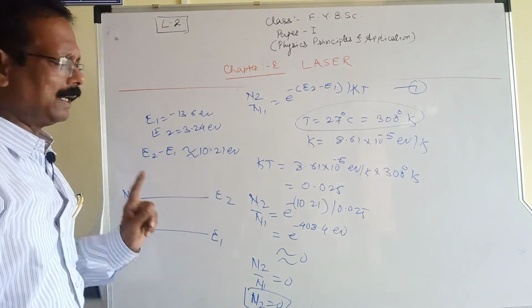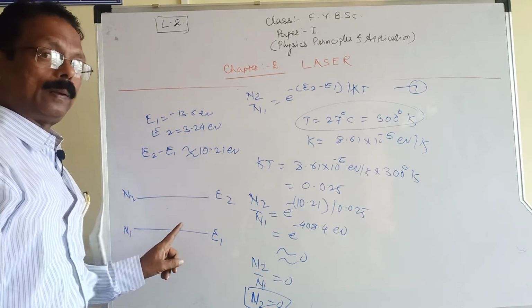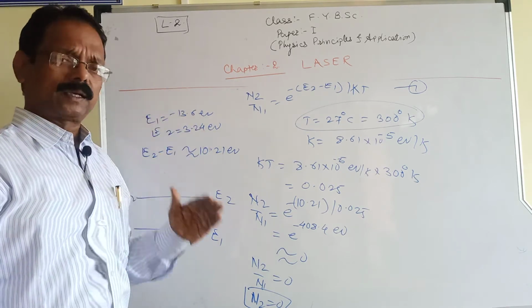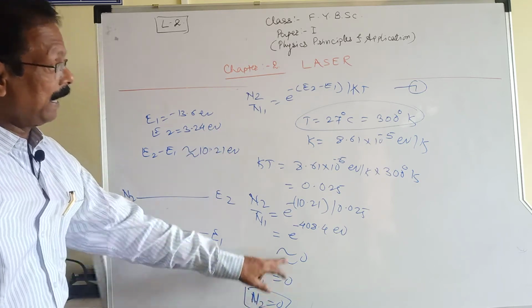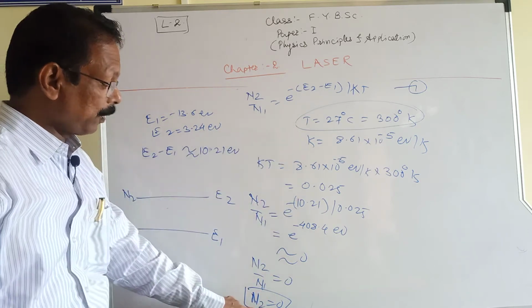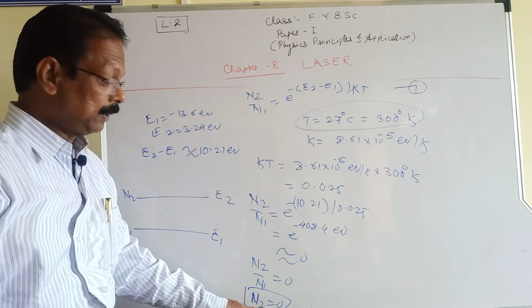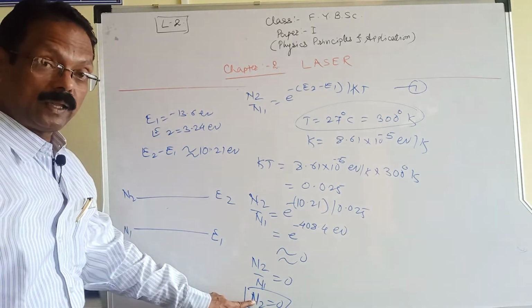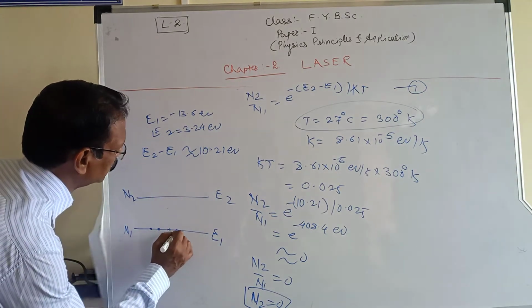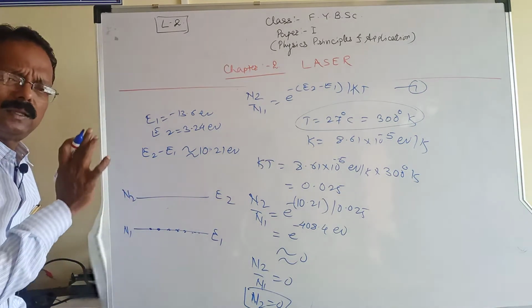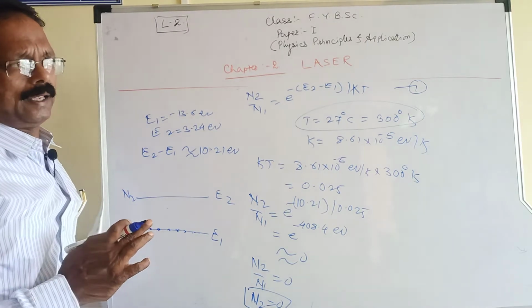Theoretically, we say that at normal room temperature almost all atoms are in the ground state. Now we have mathematically proved that N2 is equal to 0. At normal room temperature, the number of atoms in the higher energy level is equal to 0, which means all atoms are in the ground state. There is not a single atom in the high energy level.